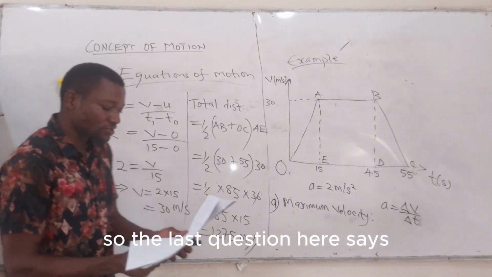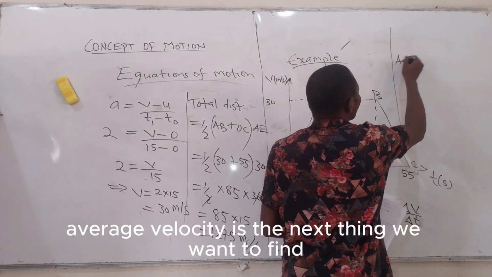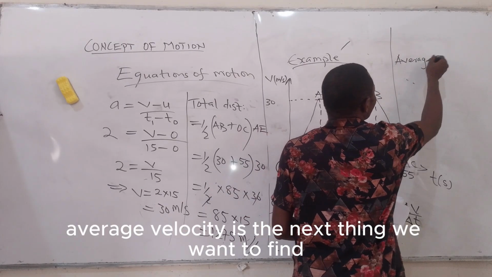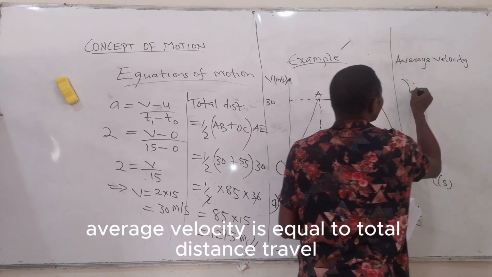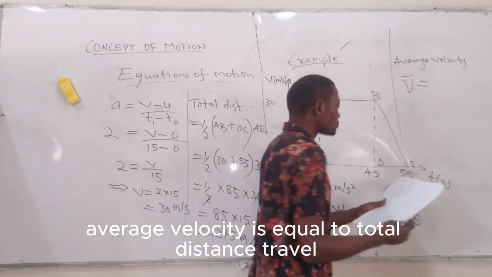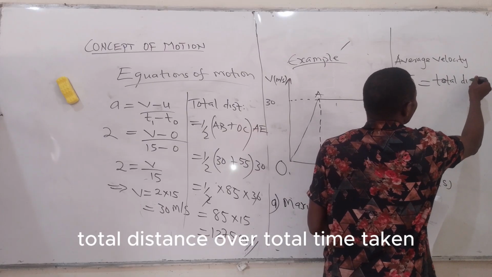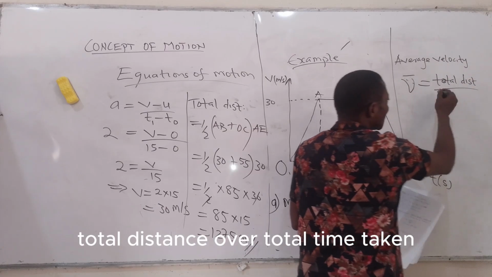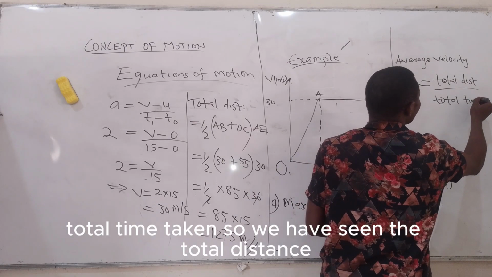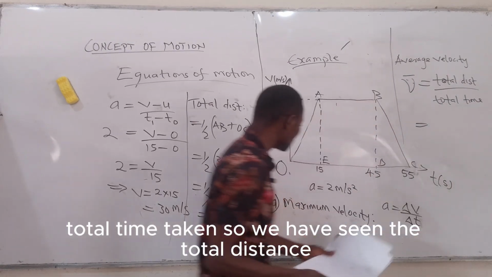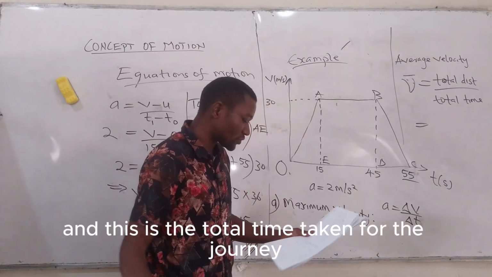So the last question here says we should find the average velocity. Average velocity is the next thing we want to find. Average velocity is equal to total distance over total time taken. So we have seen the total distance. This is the total distance, and this is the total time taken for the journey.